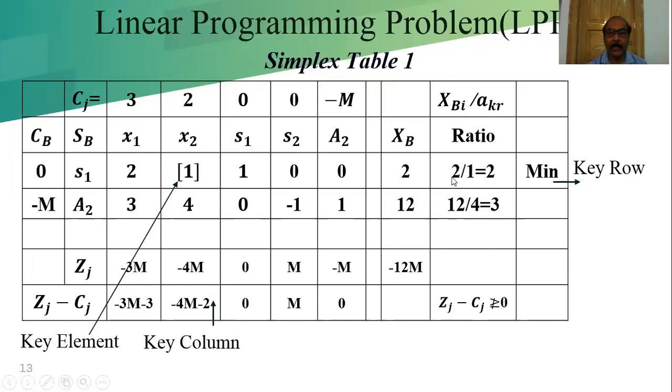So where we get the minimum ratio, that is our key row. So the S1 row is our key row, and the column corresponding to the variable x2 is our key column. The intersection of these is our key element. In notation, we say it is A12.